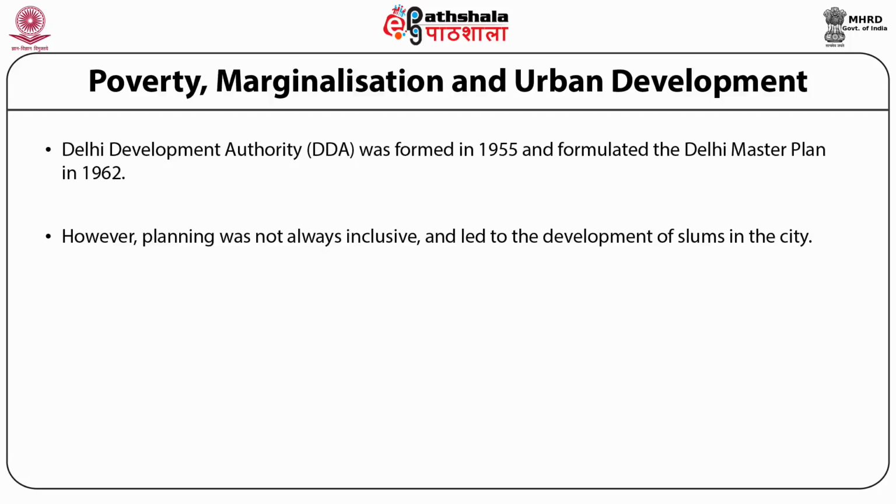As Amita Baviskar points out, Delhi's master plan envisaged a model city, prosperous, hygienic, and orderly, but failed to recognize that this construction could only be realized by the labor of the large numbers of working poor for whom no provision had been made in the plans.